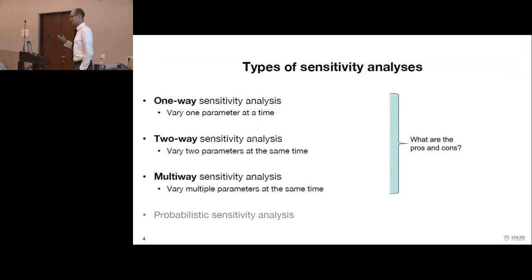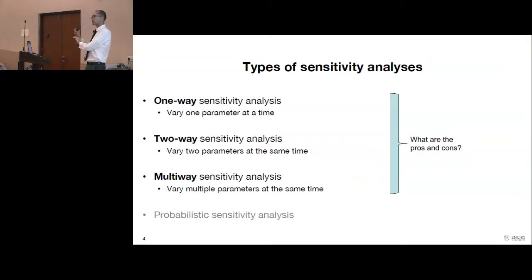So one-way sensitivity analysis means that of all the parameters, in the vaccination example we had probability of getting the flu, effectiveness of the vaccine, probability of being hospitalized, cost parameters, utility parameters, we would vary one parameter at a time, keeping everything else constant.